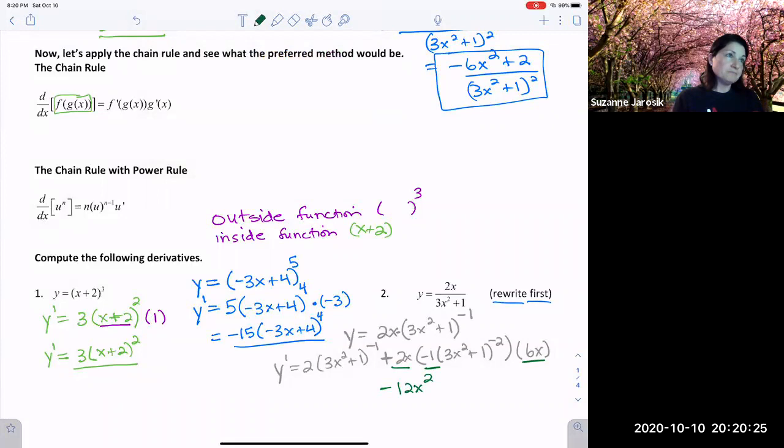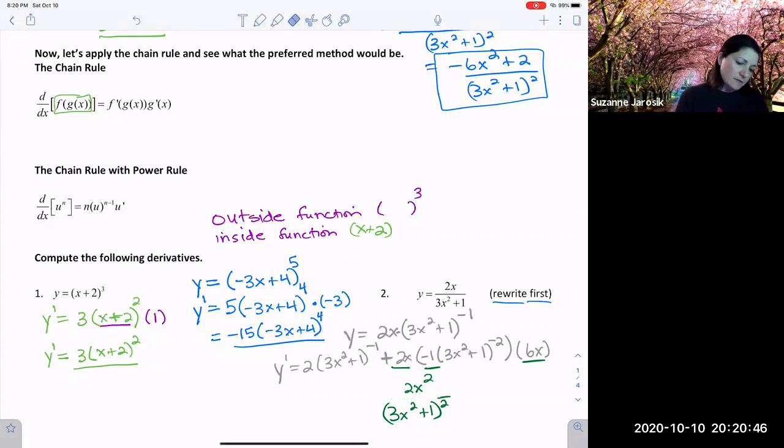Agreed? And then this portion right here would be in the denominator. Bring it back down with the squared. Okay. And then this would be, I guess I could do this, right?